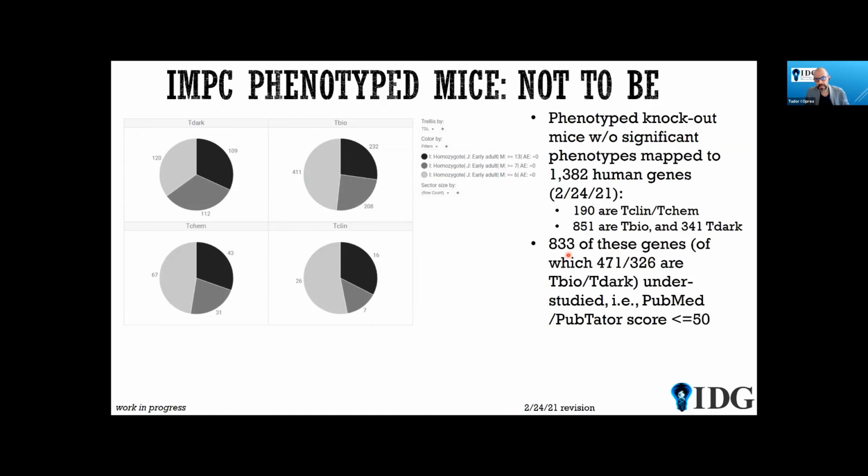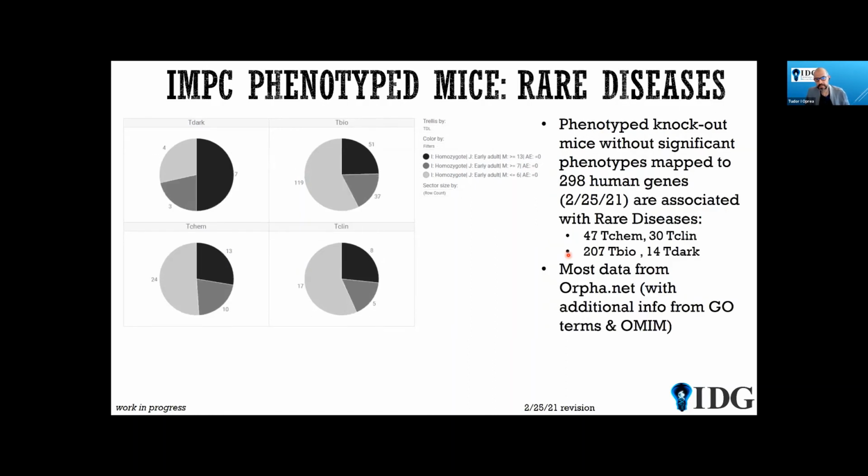It turns out that if you query further into these subsets, you find that perhaps as many as 300 of these subsets are associated with rare diseases.